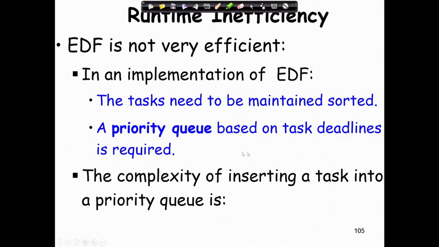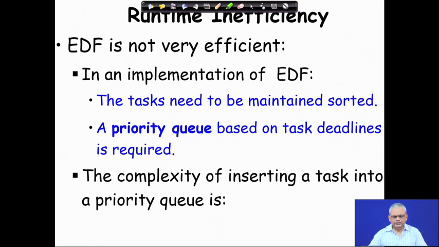Now, let us see what are the other options for implementing the EDF scheduler. One is a priority queue. If you can recollect, a priority queue is a type of queue where the highest priority task is available at the top of the queue. So, finding the task having the highest priority is O(1), but then what about inserting a task?